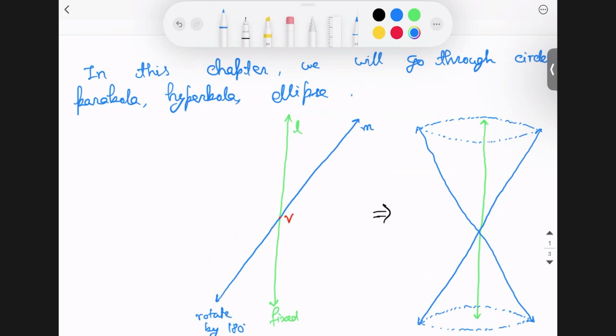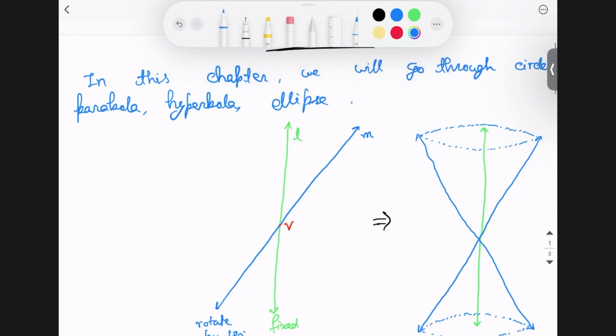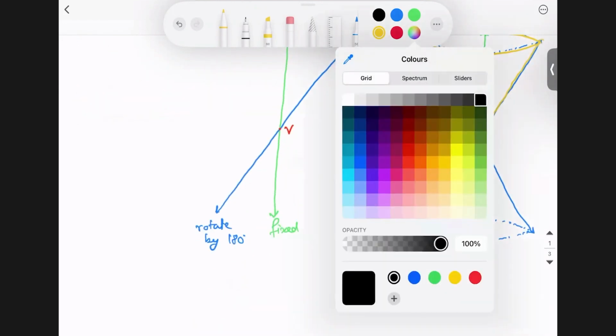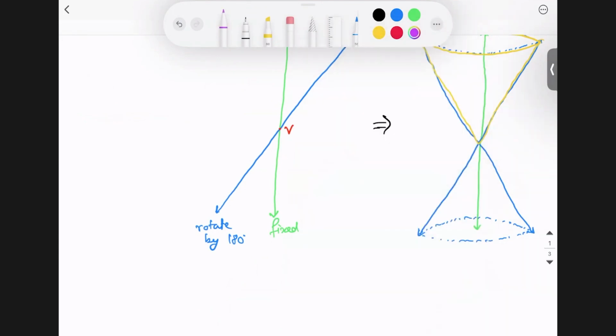You can clearly see that this is one cone. The yellow portion is one cone, and this purple portion, in a different color, is another cone.